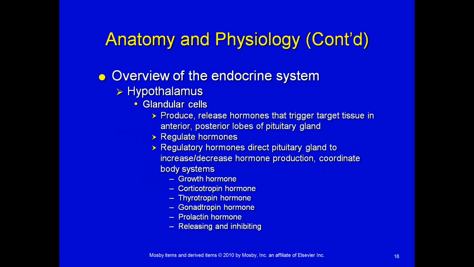The corticotropin hormone is corticosteroids, which are important, as we'll talk about here in a bit. And then the thyrotropin have to do with thyroid stimulation. The gonadotropin have to do with stimulation of the gonads. Prolactin has to do with the production of milk in lactating women. And these hormones are either released in excess or inhibited.